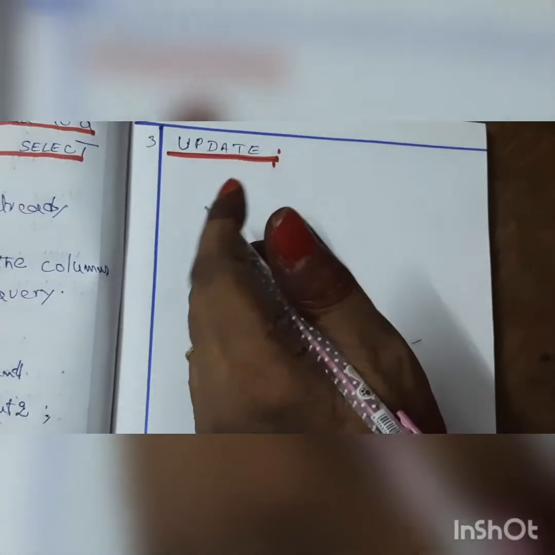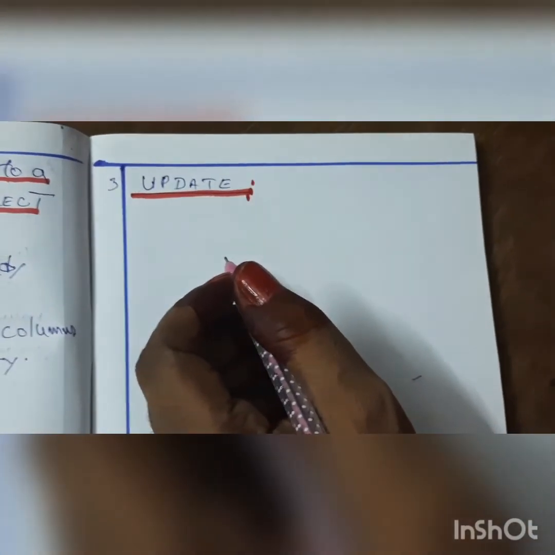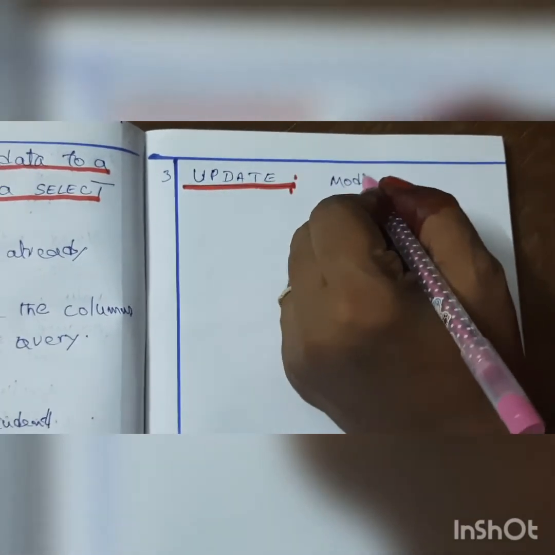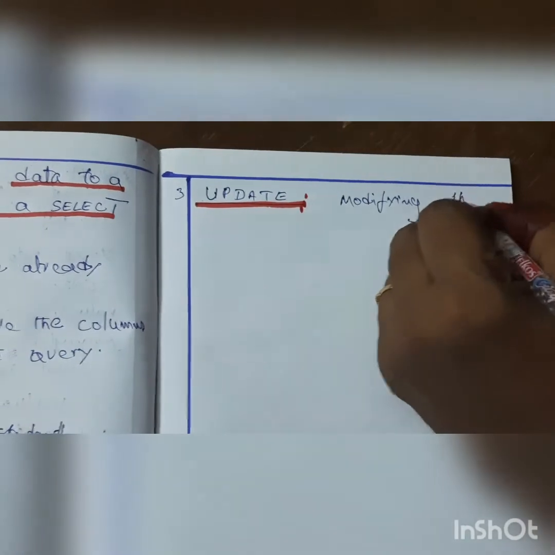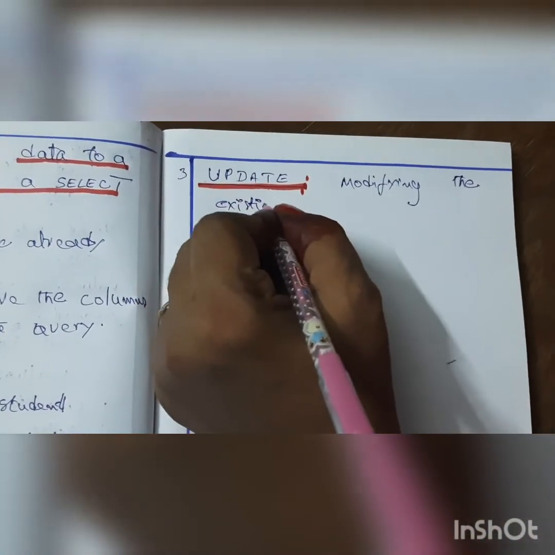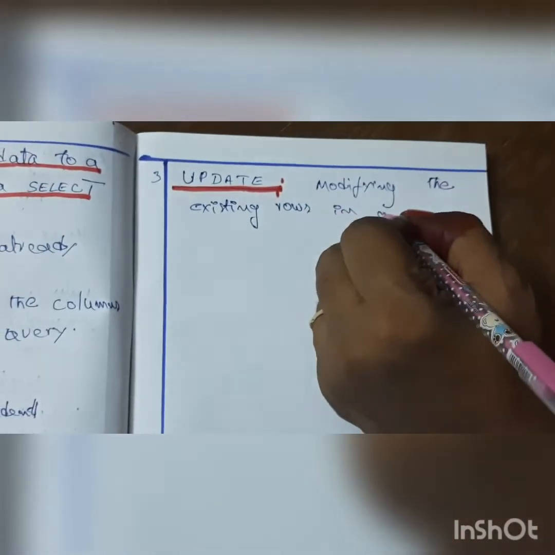Next DML command, the update command. The update statement is used to update or modify the existing rows in a table.